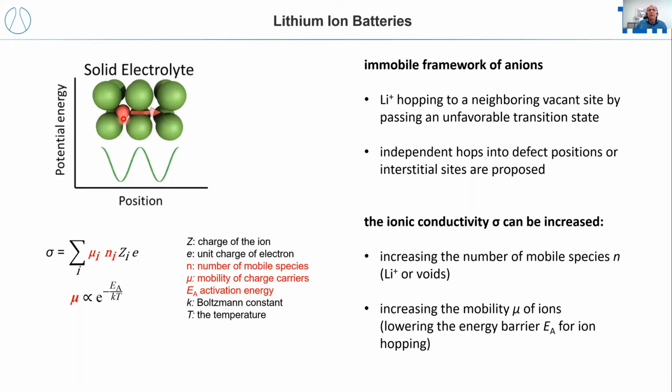So this is the mobility, and the activation energy controls this. On the other side, this is the ionic conductivity in a very simple picture: beside the activation energy, we have the number of charge carriers, which can increase in these solid electrolytes.